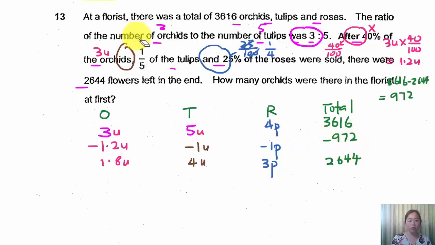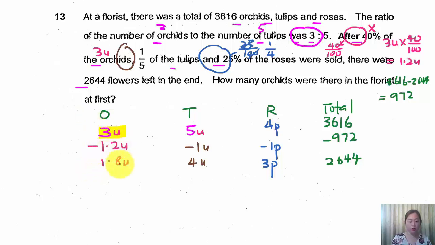So in order to find the number of orchids at first, we need to find 3 units. And to find 3 units, we have to get rid of the part. So to get rid of the part, we have to first create the unit and part statement.